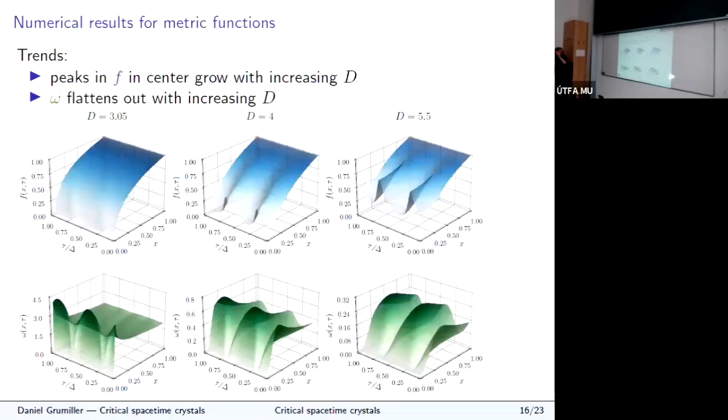Okay, so here now the geometric functions, the numerical results for them. So f in blue is this SSH function, and that's the function that I wanted you to guess in the large D limit. So for dimension 3.05, it's a rather bland function that just interpolates from 1 at the SSH to something very close to 0 in the center. In 4 dimensions, you see these peaks developing at the origin, and it doesn't go to 0.